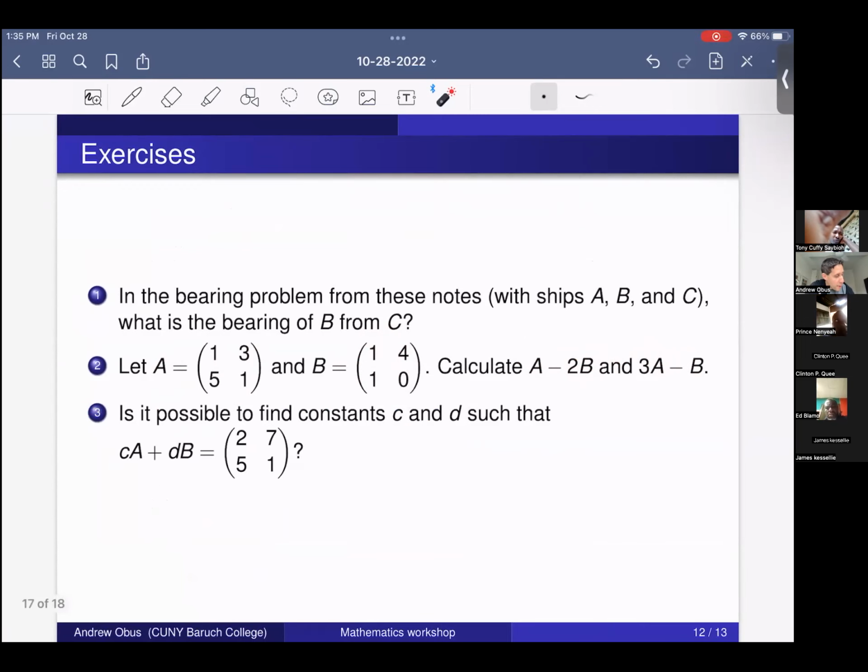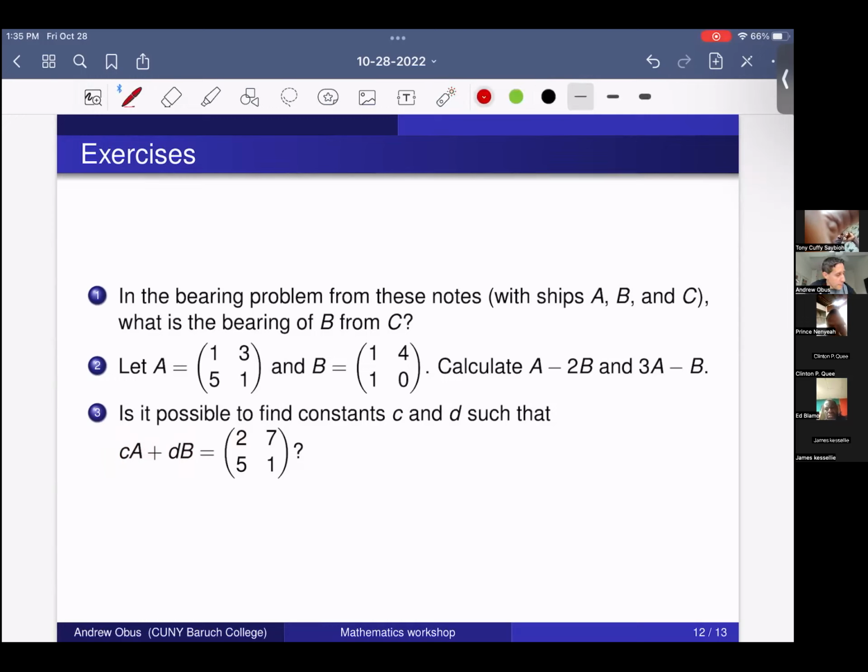The third question is, for these same matrices A and B, is it possible to find constants C and D which give you CA plus DB equals the matrix 2751?